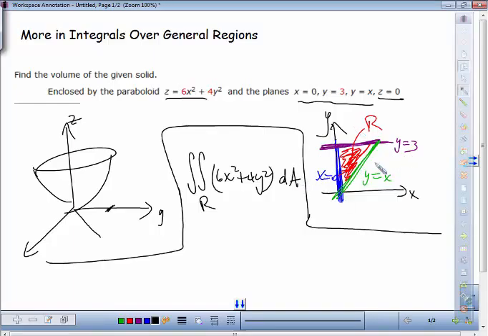If I'm drawing a line here, whenever I cross a 0, that's probably one of the things I would prefer as one of the limits, so that when you put 0 in, a lot of that stuff disappears. So I would suggest that we integrate with respect to x first. Draw a line parallel to the x-axis. And then integrate with respect to y after that.